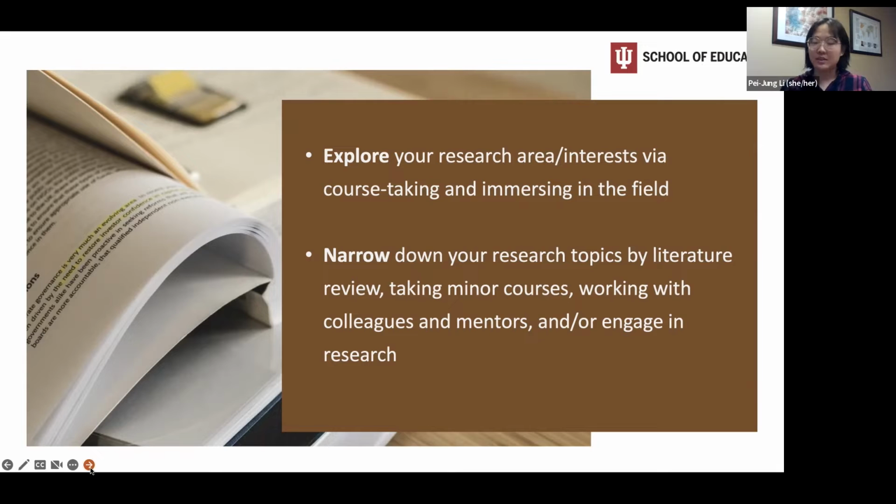And in the future, you will definitely take some minor courses, and through exploring your minors, you'll be able to further narrow it down. And of course, if you have colleagues or mentors, or if you are joining other collaborative research projects, these are also beneficial for further narrowing down your research topic.